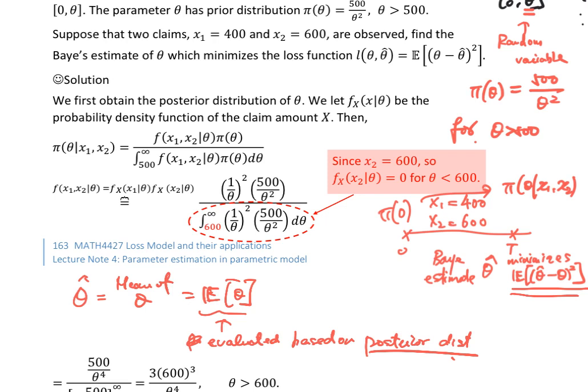Now, in order to calculate this expected value, the first thing you should do is get the posterior distribution of your theta. In order to get this, again you use the Bayes rule and get your posterior distribution like that.